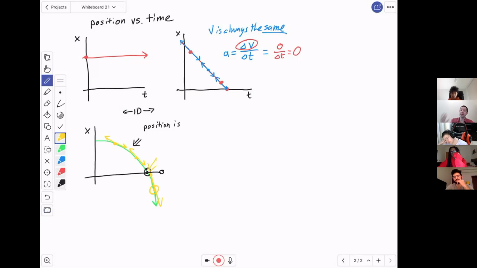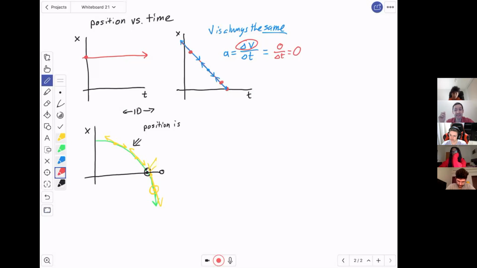So that was the next thing I was going to ask. If you look at these velocity vectors, if you look at the velocity vector, it's getting steeper and steeper and steeper, right? You start with the velocity slope that's kind of like this, and then as time progresses, it gets more and more steep. What that means is that the value of the velocity is getting more and more negative.